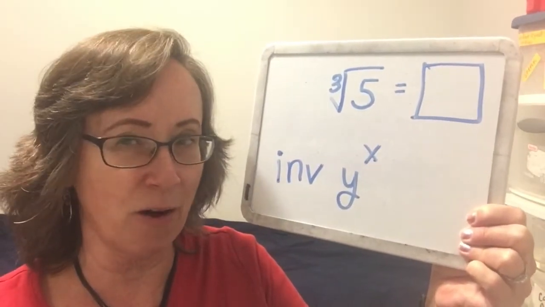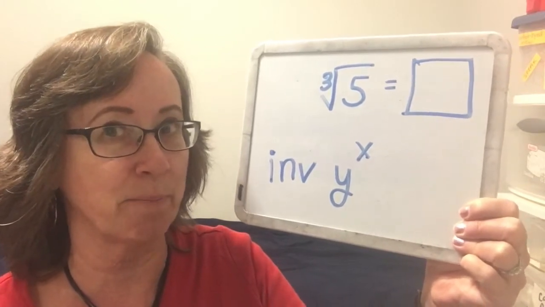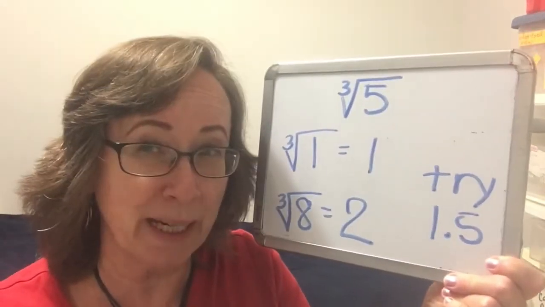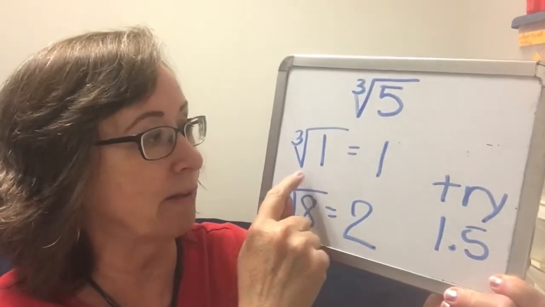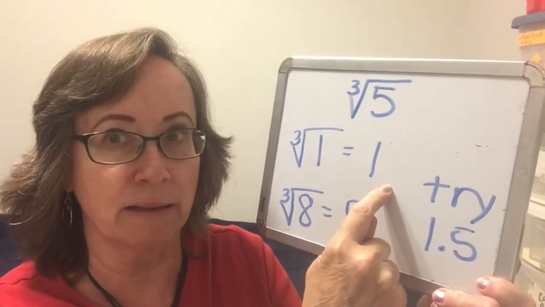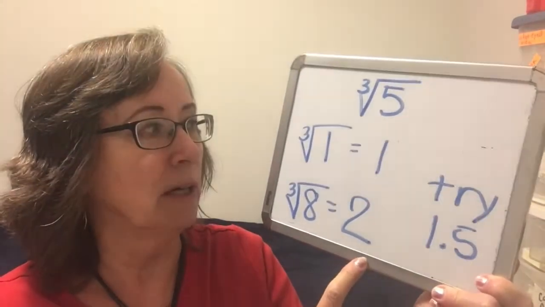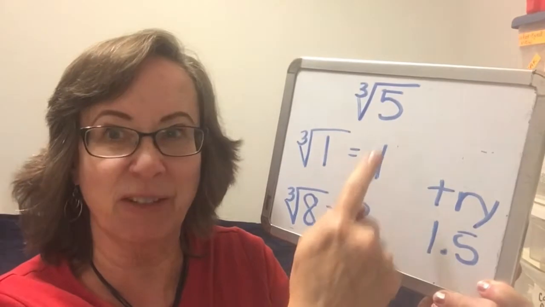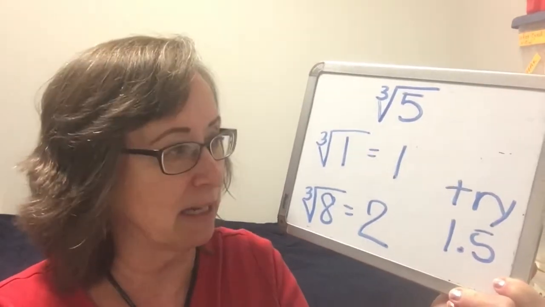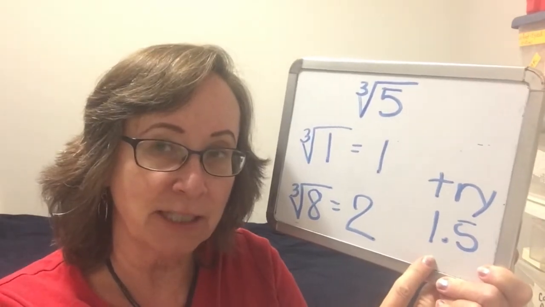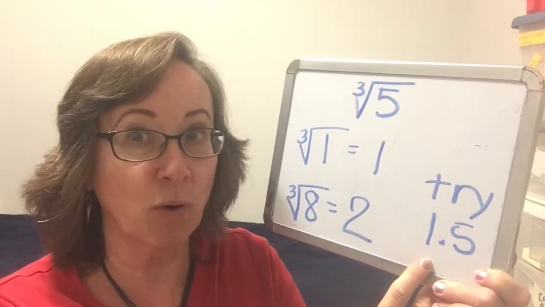But right now, we're going to try a method called cut and try. Here, we're going to start with an estimate. We have the cubic root of 5. We don't know what it is, but we do know that the cubic root of 1 is 1, and the cubic root of 8 is 2. And we know that 5 is kind of in the middle of 1 and 8, so why don't we try 1.5? Just to see if we are close.